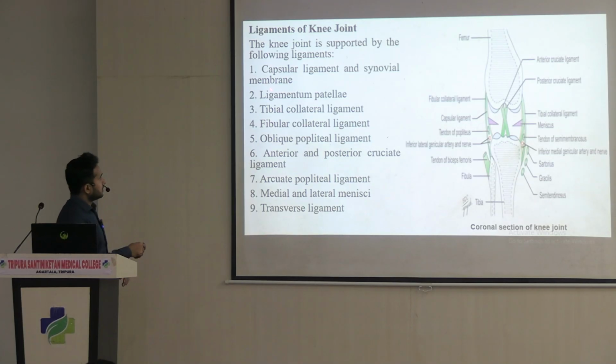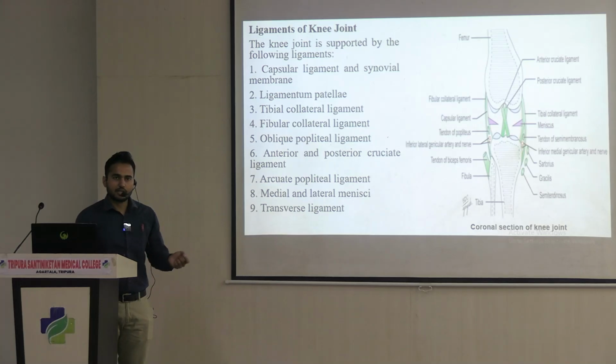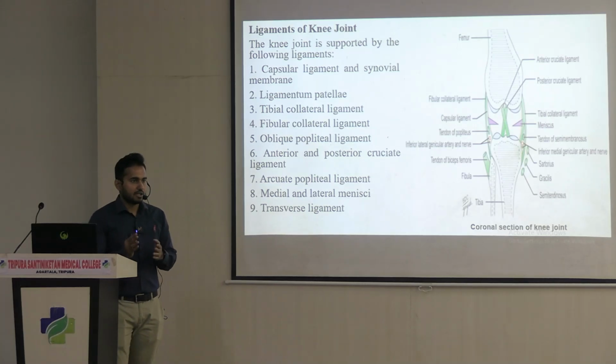Now if you see the list, the capsular ligament is there and along with that the synovial membrane. Always remember, whenever you are mentioning the capsular ligament of any joint, you must also write the synovial membrane. This is the rule: the interior part of the capsule will be lined by synovial membrane. In some joints some points vary, but the synovial membrane is present, lining the inside of the capsule.